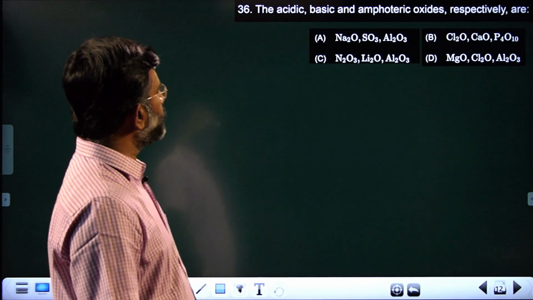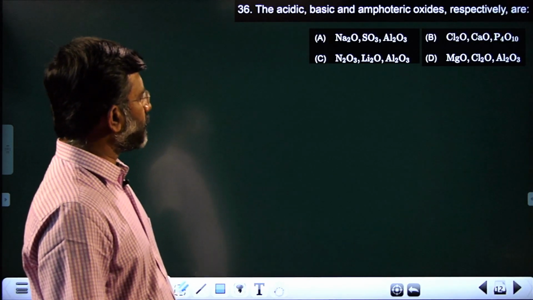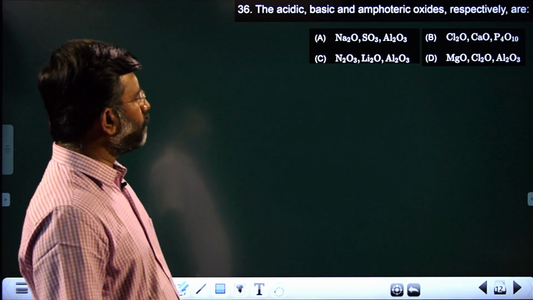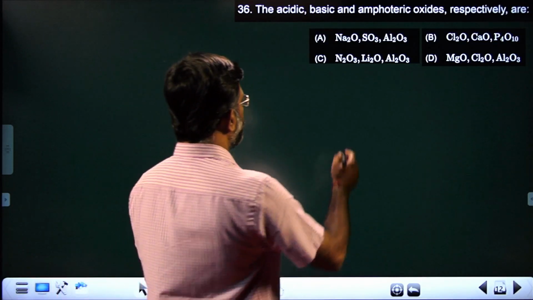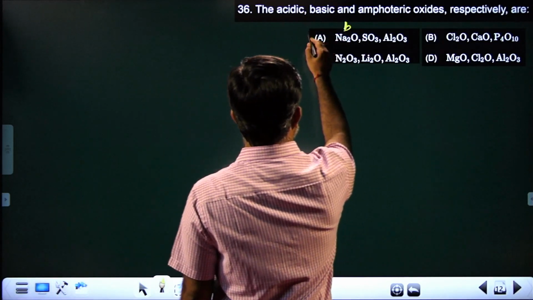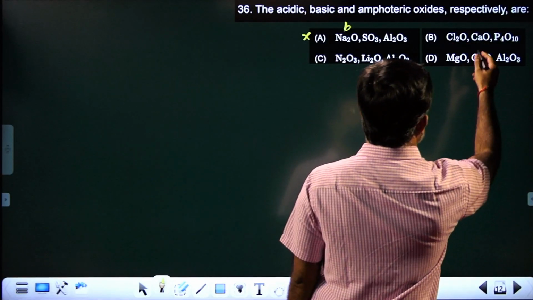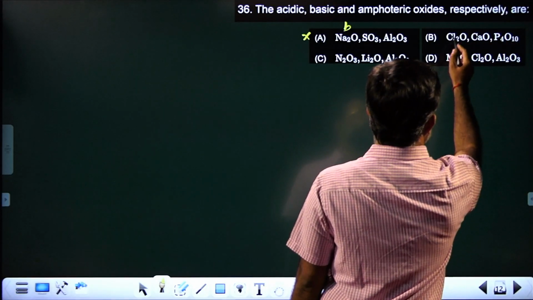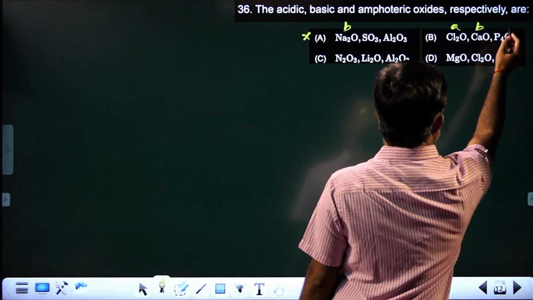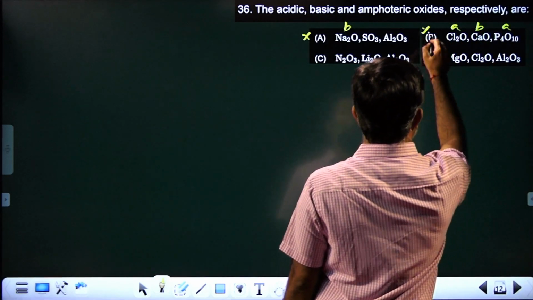The acidic, basic, and amphoteric oxides respectively. You know, this is basic, so that choice is out. This is acidic, basic, but that is also acidic. See, this is acidic, this is basic, this is also acidic, so out.